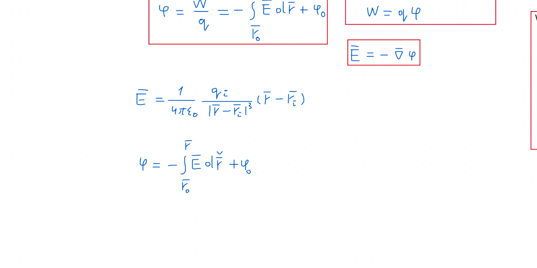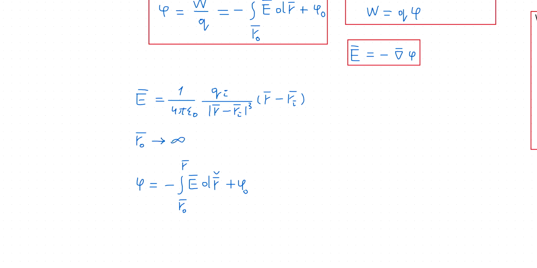And as it was said before, we can choose any value of r0 and phi 0. It is useful to choose the next values. It is useful to choose r0 tending to infinity, and phi 0 equal to 0.